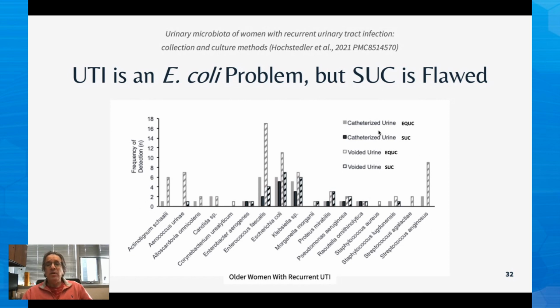What we did is we took paired catheterized and voided urines from older women with recurrent UTIs, and the catheterized urine was assessed by EQUC and by SUC, the voided urine by EQUC and SUC. So the gray is testing by EQUC, the black is testing by SUC, the solid is catheterized urine, and the hatched bars is the voided urine.